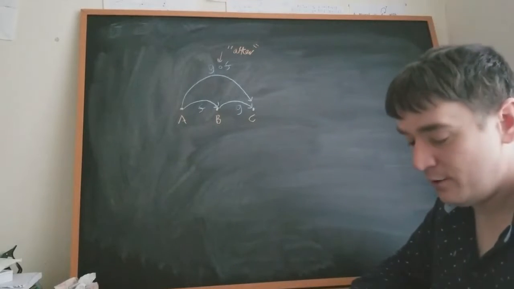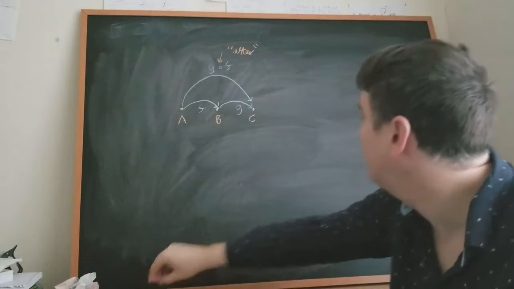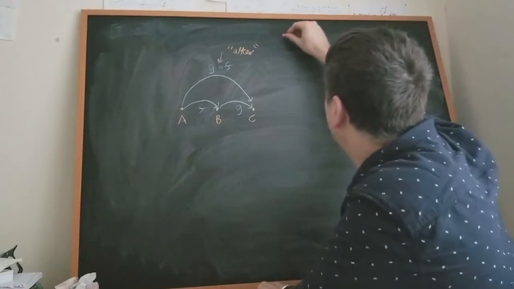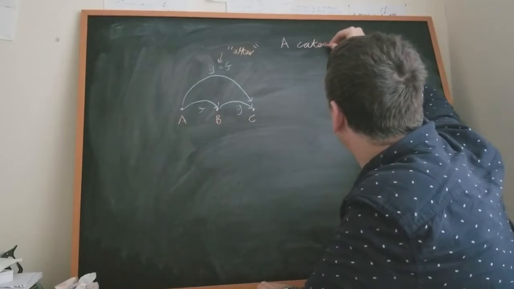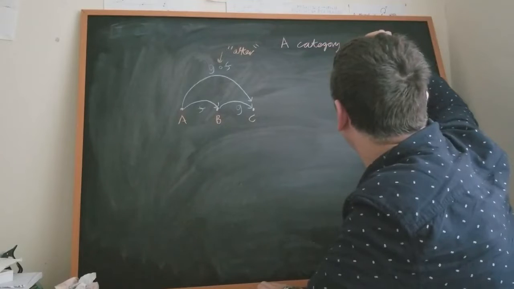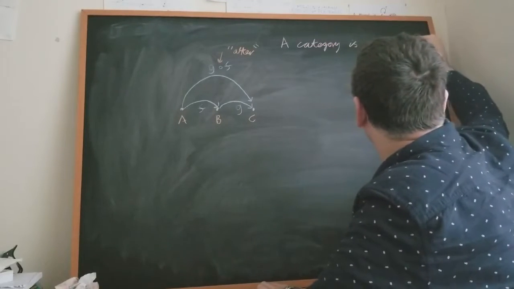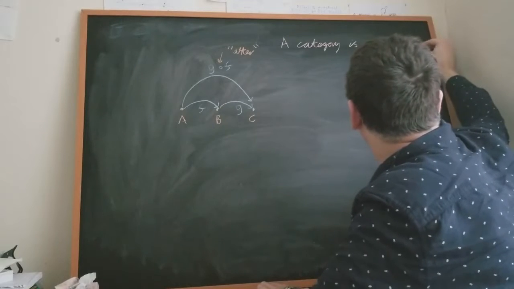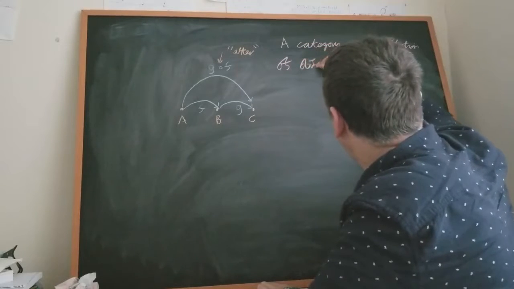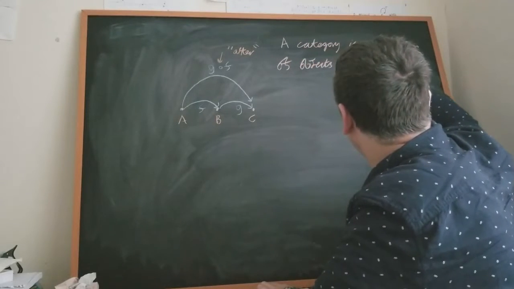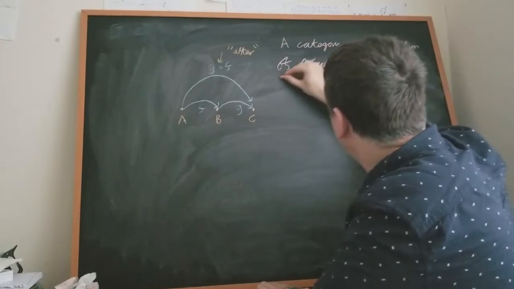Okay, so I think at this point we're ready to start writing down a definition of what a category is. So it's a collection of objects and arrows between objects.